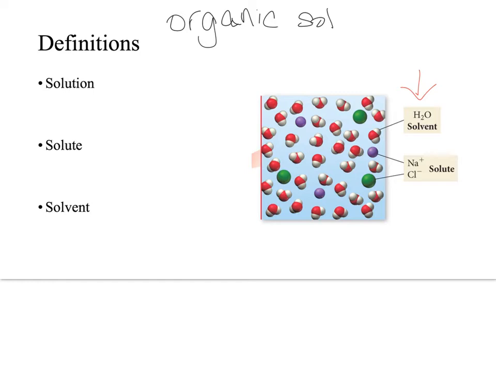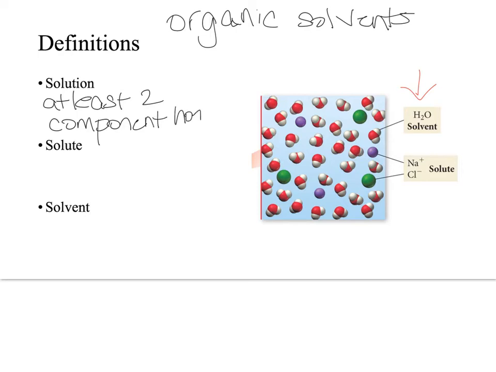Let's go ahead and define our three basic terms here: solution, solute, and solvent. A solution is at least a two-component homogeneous mixture. The second term, solute, is the lesser component.